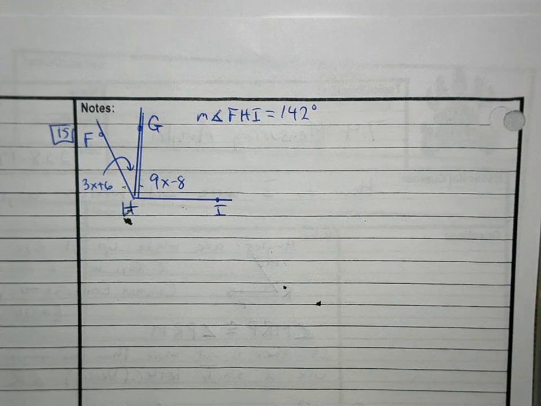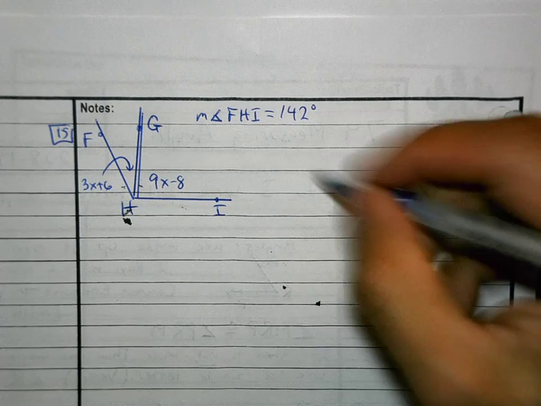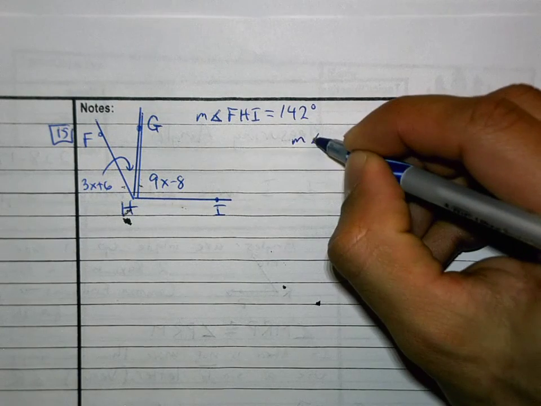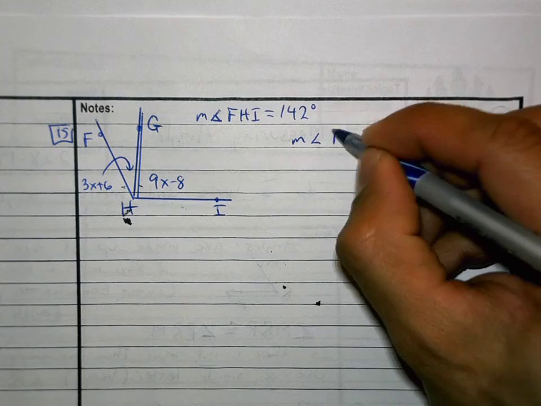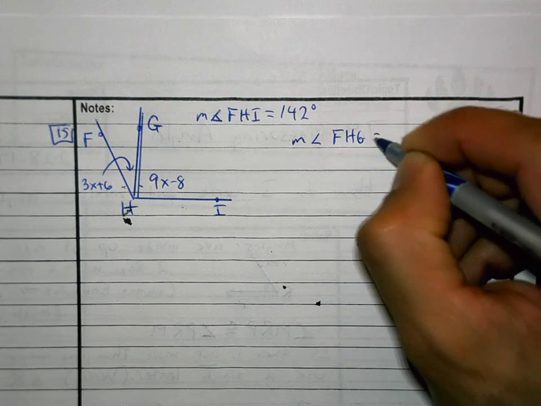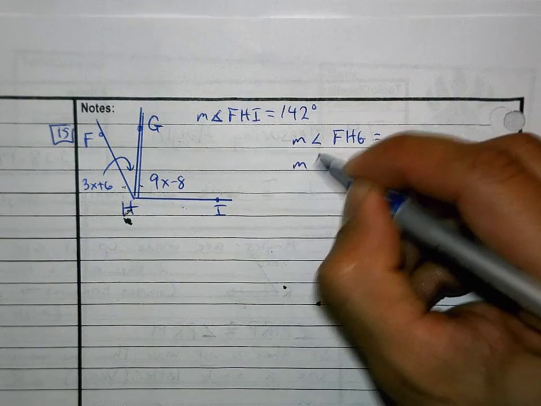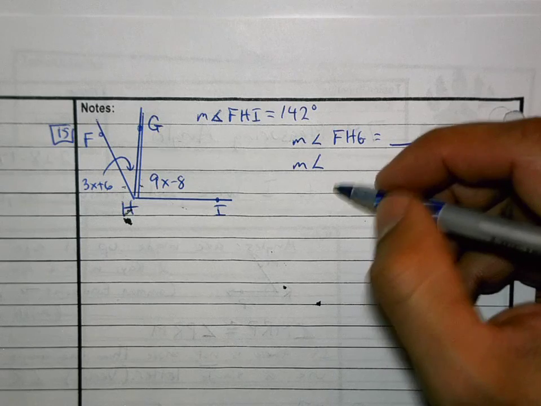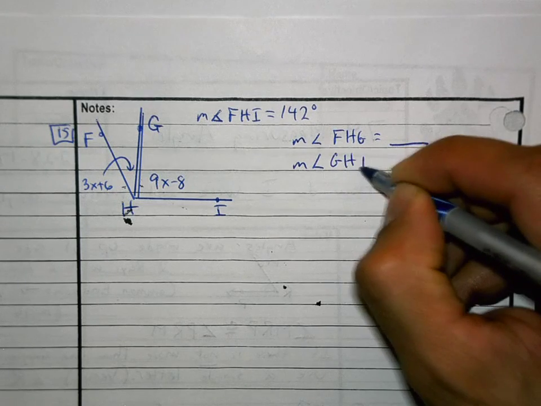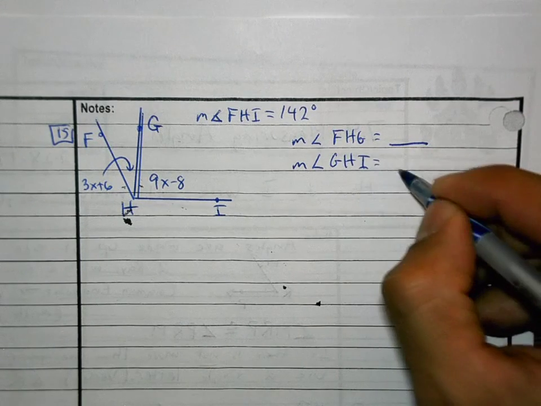The two questions it's going to ask you: what's the measure of angle FHG equals blank? What's the measure of angle GHI equals blank?